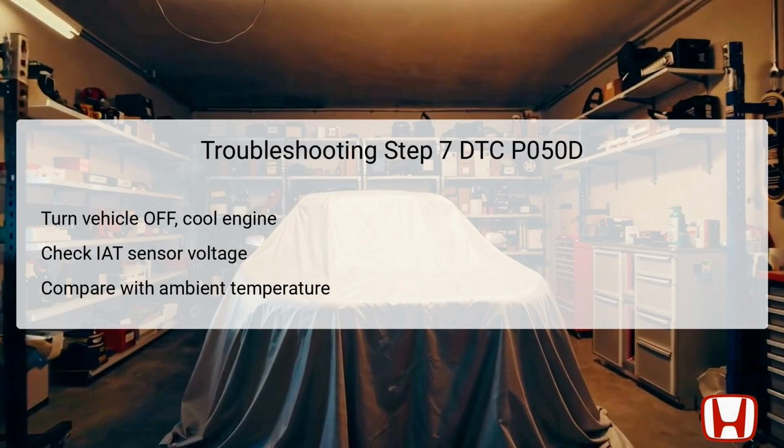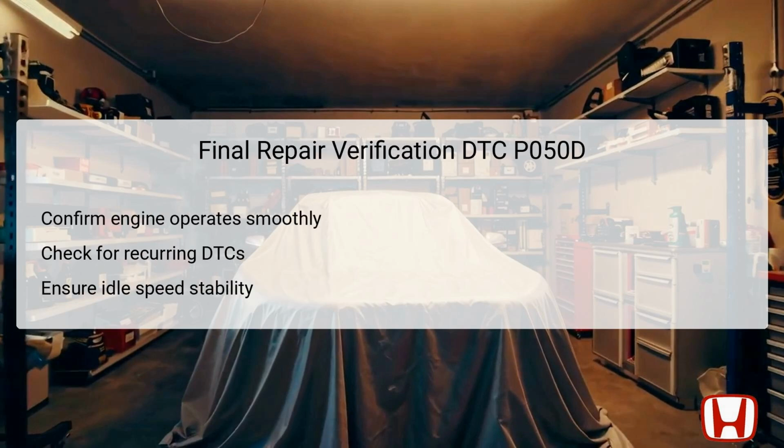If the readings are in alignment, further inspection of the throttle bore will be required to check for any dirt, carbon buildup, or damage. After completing all troubleshooting steps and any required repairs, it is vital to conduct a final verification to ensure that the vehicle operates correctly. This involves confirming that the engine runs smoothly without stalling or exhibiting erratic idle behavior during cold starts.